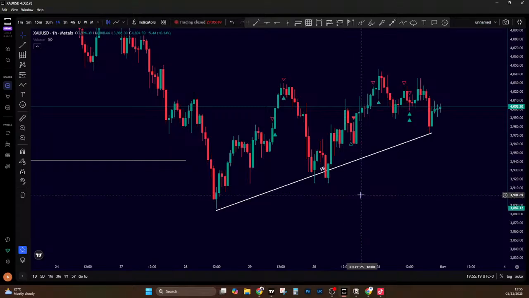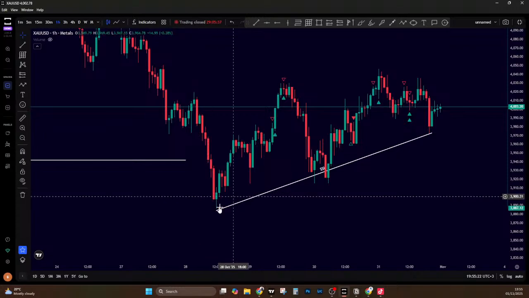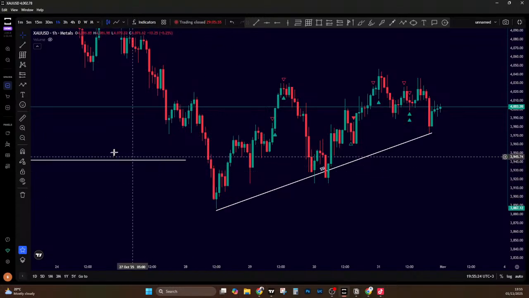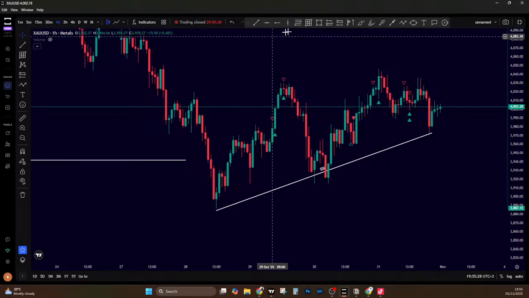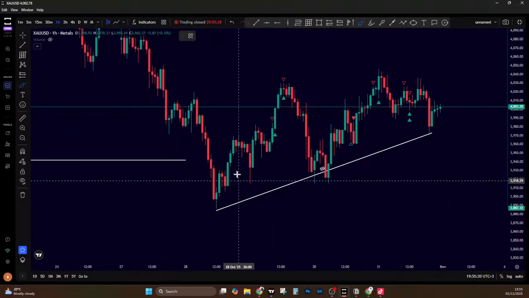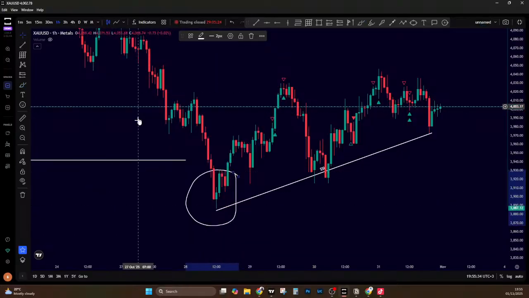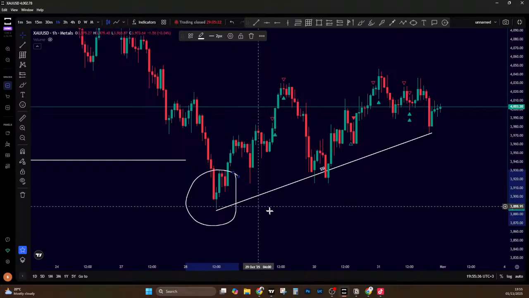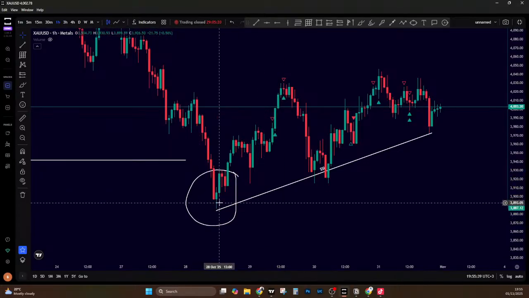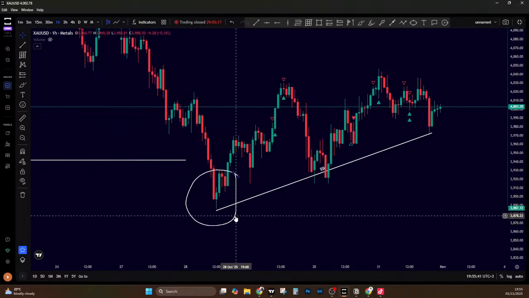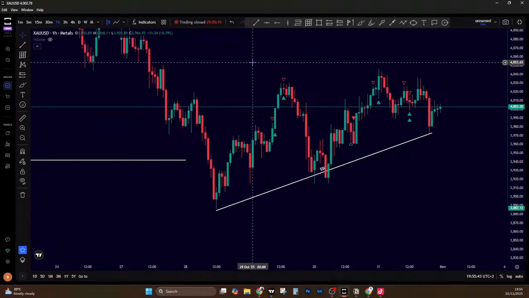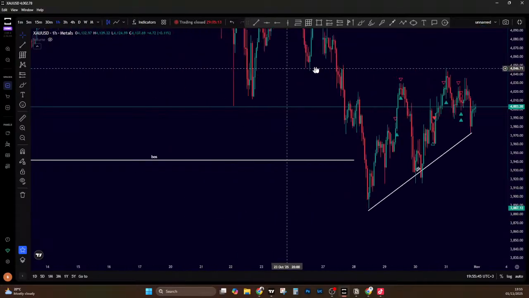Even if it was sweeping liquidity, you can see that the market did not create any valid order block. So this swing low is liquidity, and it will be taken out.